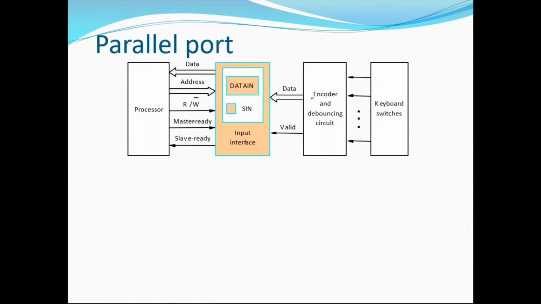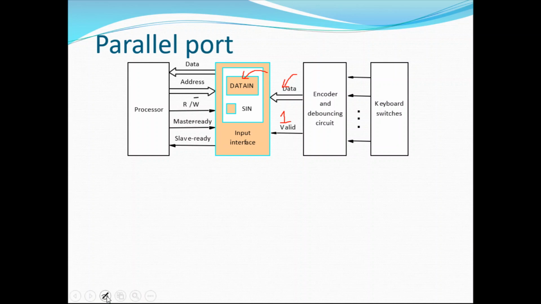Once the key is identified and its ASCII value is found, it will keep it on the data lines. Through these data lines, it will get into the data in register of the input interface. After keeping the data, the encoder and debouncing circuit will set the valid bit to 1.